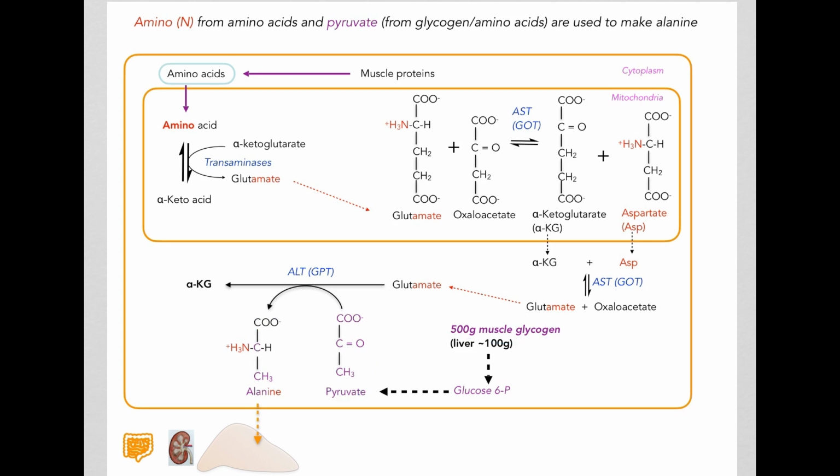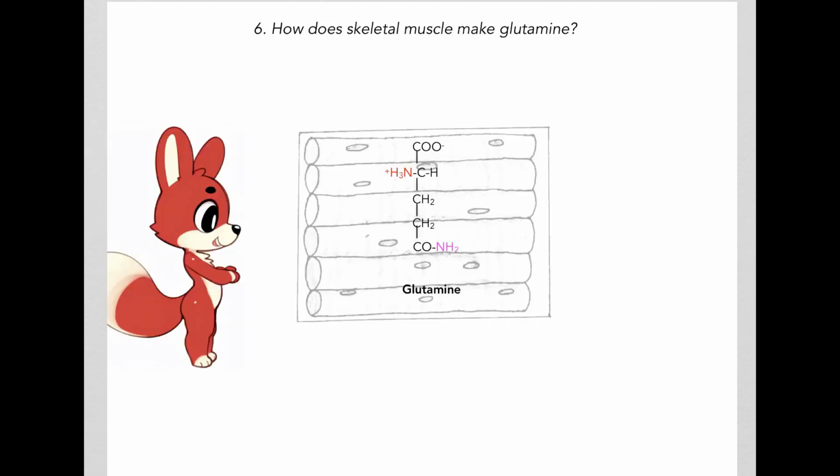So that's how the skeletal muscles will use the nitrogens from amino acid breakdown as well as the pyruvate from glycogen to make quite a bit of alanine, which is then sent to the gluconeogenesis organs, and most of the alanine, as we shall see later, will be used by the liver to make new glucose via gluconeogenesis.